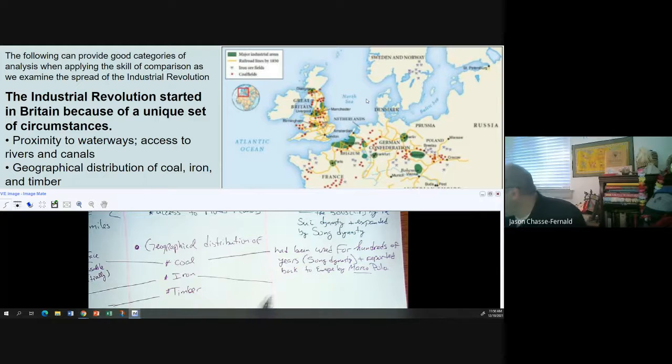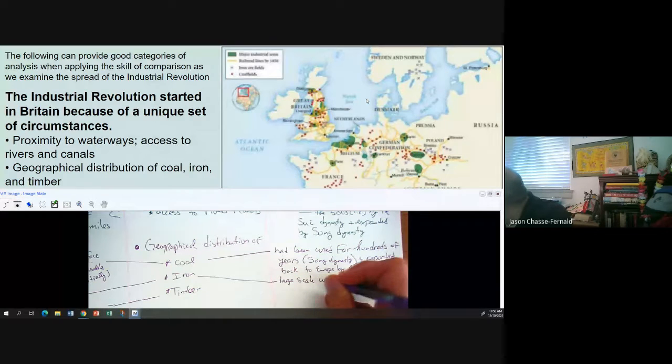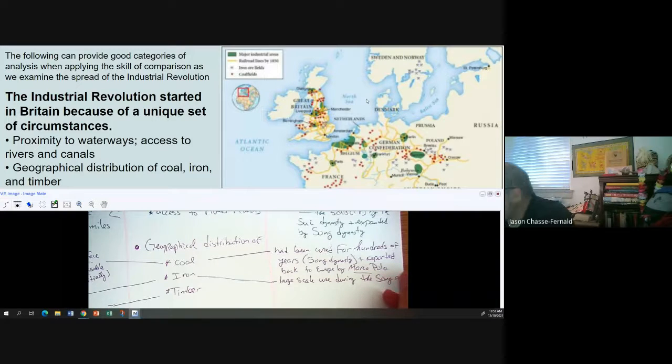As far as iron is concerned, we know that there is large scale use of iron during the Song era. And then timber. Let me put this in red because this actually is a problem.